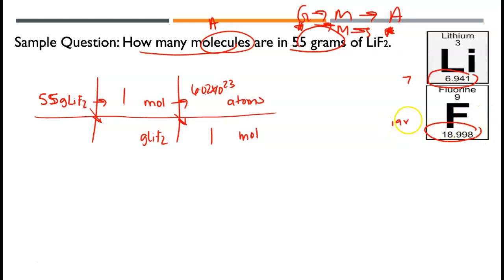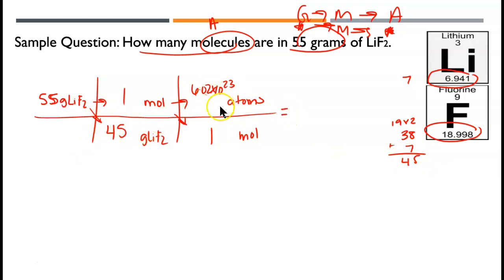So 19 times 2 gives me 38, right? So 38 plus 7 is 45. Please tell me I'm doing my math right. And then we go ahead and solve.